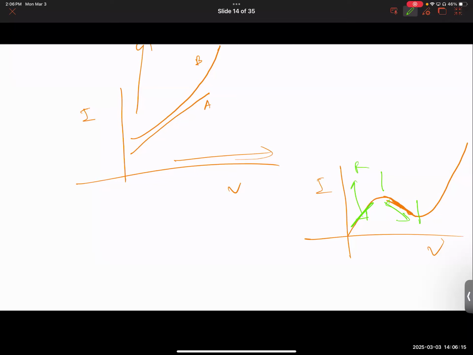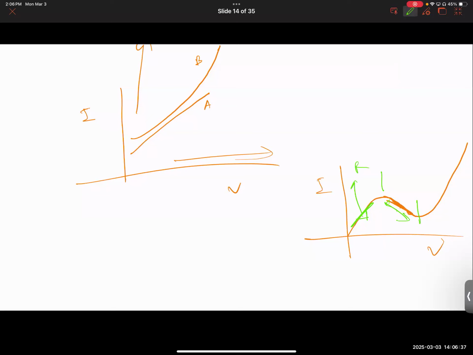The inverse of slope is the resistance, right? Folks, am I making sense to all of you? Don't feel lost. Feel free to ask me questions or stop me. I'm not assuming that everybody has seen this. 335 folks may have, but that doesn't mean you have to just put up with that. So stop me if it doesn't make sense. Okay, so in this region, your slope is what?